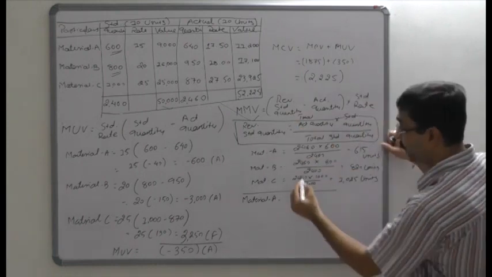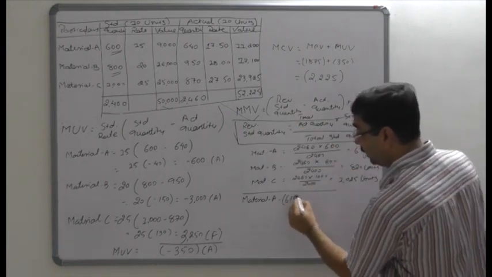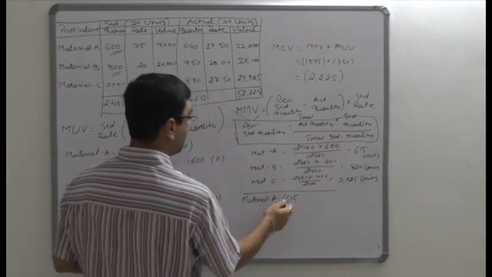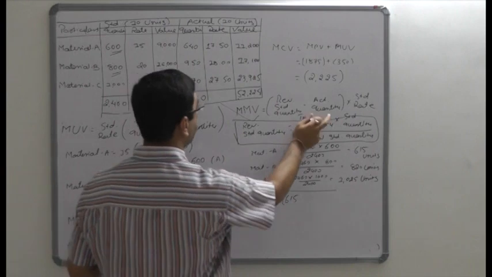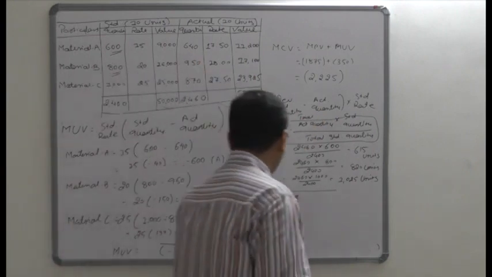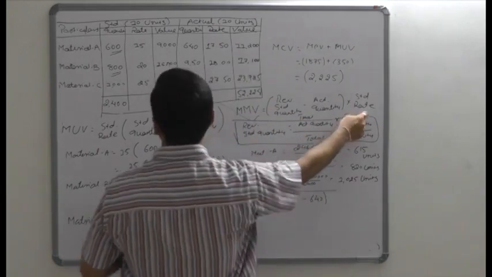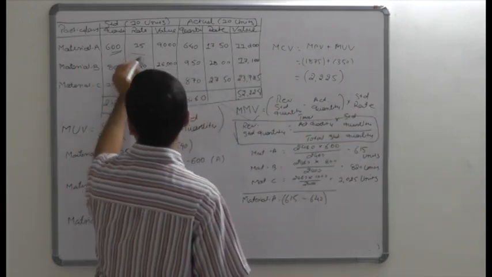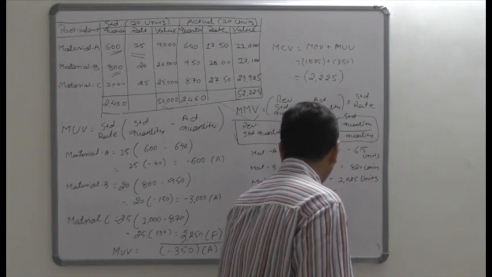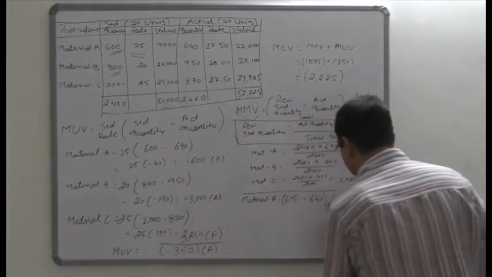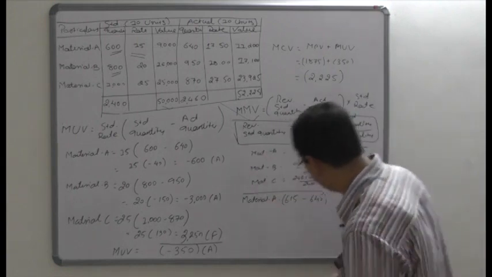Revised standard quantity for A is 615 units, minus your actual quantity, 640, into your standard rate, and the standard rate for material A is 15.